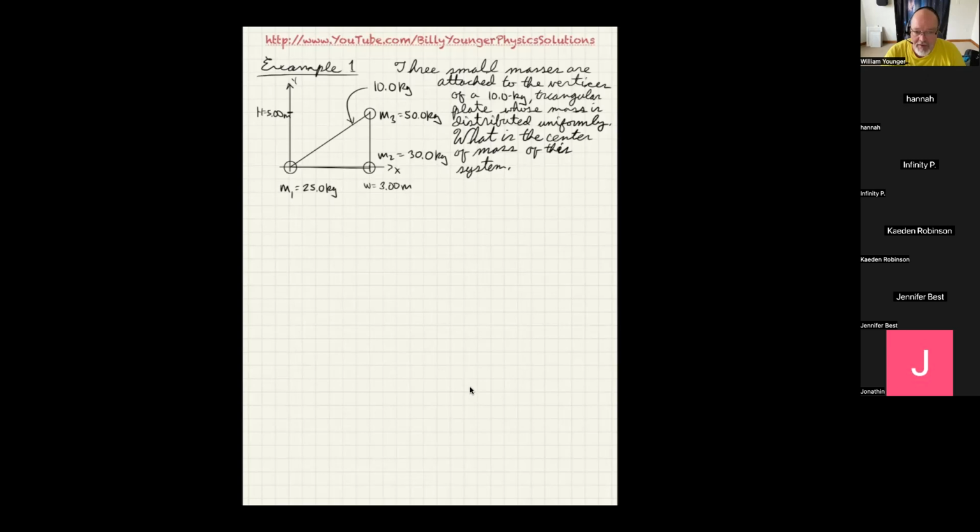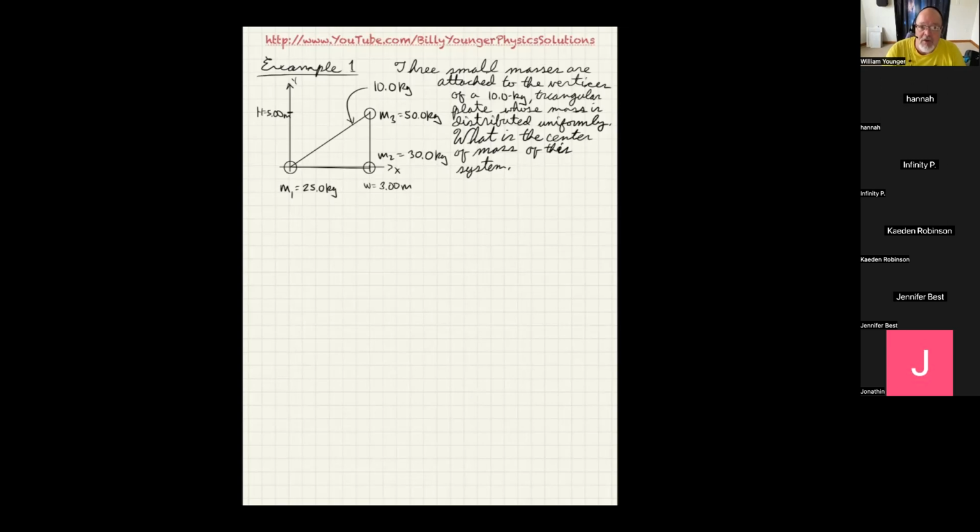Three small masses: M1, which is centered at the origin, M2, which is centered on the bottom right corner of the triangle, and M3, which is 50 kilograms, centered on the top right vertex.